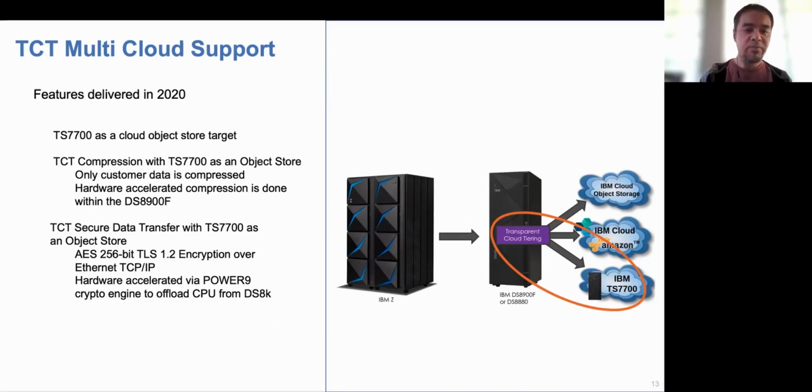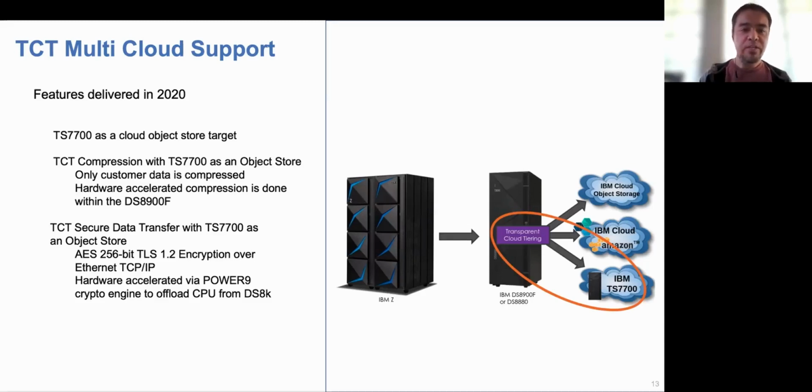One of those optimizations was to introduce TCT compression with the TS7700 as object store. What DS8000 does is compress the data before it's transmitted over the network to the 7700, so that by the time it arrives at the 7700 and is stored in the cache, the data is already compressed.